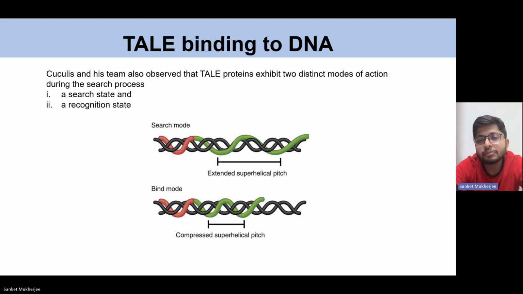There could be some ineffective binding that would cause steric hindrance, and that's why they have an extended structure. It's kind of a relaxed form. But once it recognizes the place where it needs to bind, it compresses itself, the superhelix is now compressed, and it binds to the specific DNA of interest. So that's how it works.